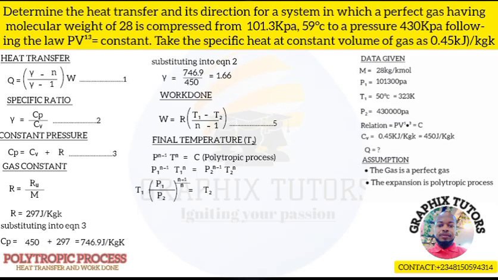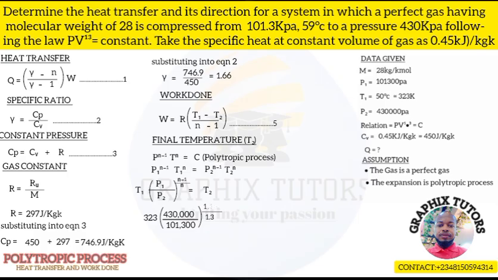So T2 will now be, what's the value for T1? 323, open bracket, the value for P2, 430,000, over the value of P1, 101,300, raised to the power of n minus 1 all over n, which is 1.3 minus 1 all over 1.3.